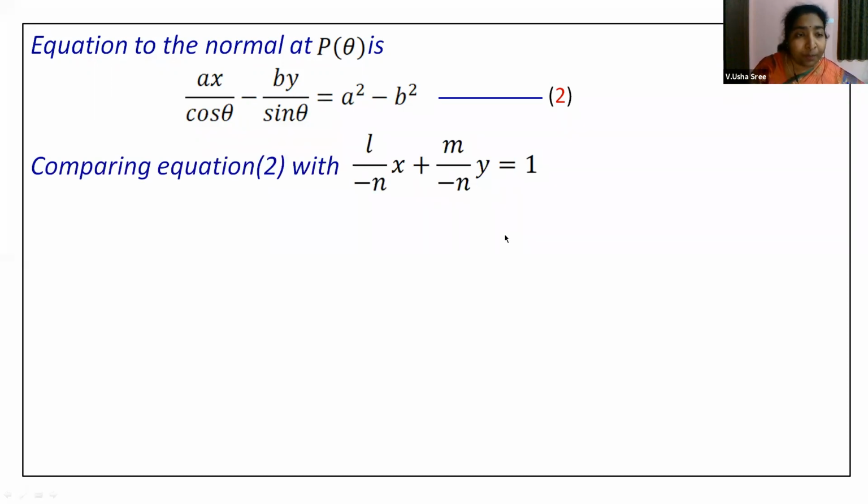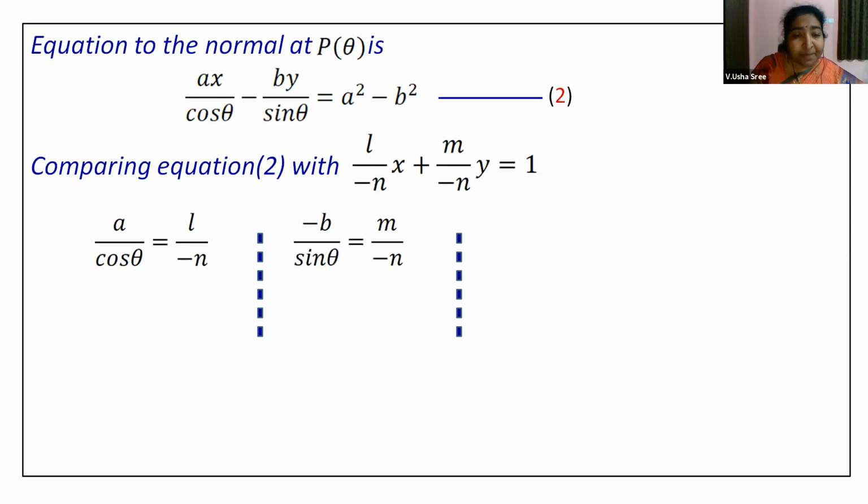When we do so, we will get a/cos θ = l/−n, and −b/sin θ = m/−n. Likewise, a² − b², both are constants on the right hand side, that should be equal to 1 when we compare.